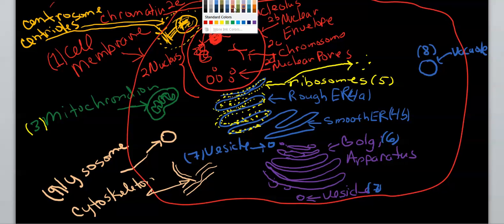Go back. Let's put number 10 for the centrosome and centrioles, do them together, and number 11 for the cytoskeleton.